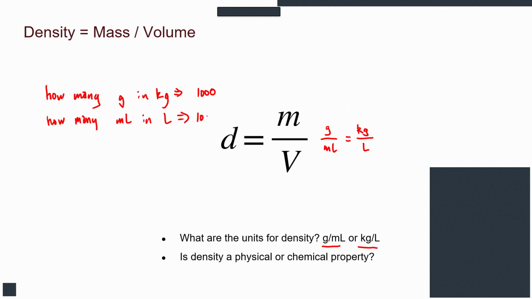That too is 1,000. And what happens whenever you have, actually, answer in the chat, what's 1,000 over 1,000? Exactly, 1. So that's why you can go ahead and operate under the idea that grams per milliliter is the same as kilograms per liter. Now, we've already answered density is a physical property.